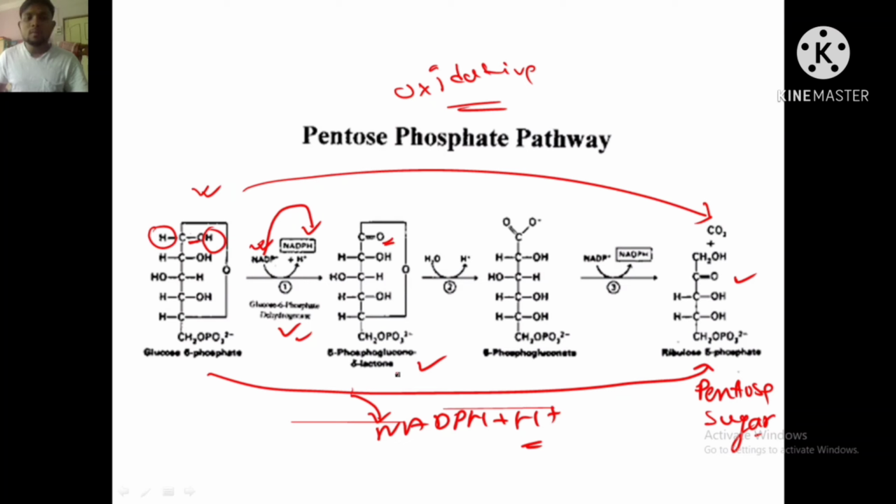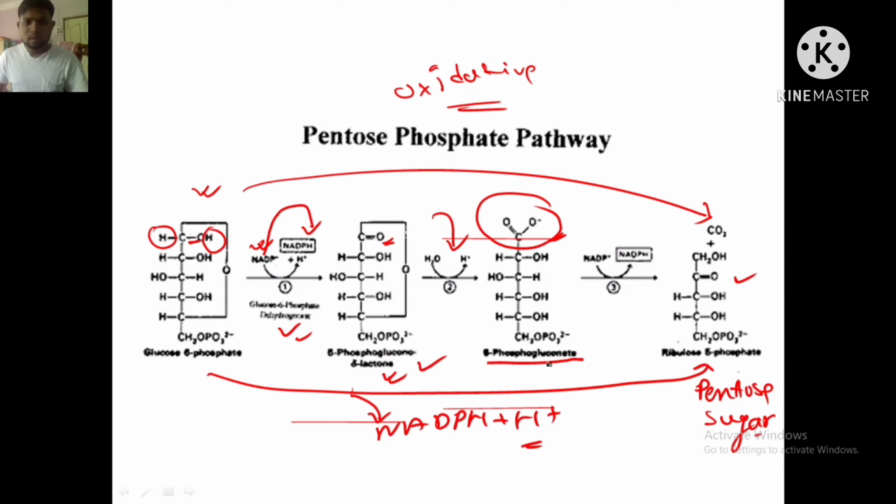So hence the molecule name is 6-phosphoglucono delta lactone. Now H2O will enter and the C double bond O bond will convert into a carboxylic bond.